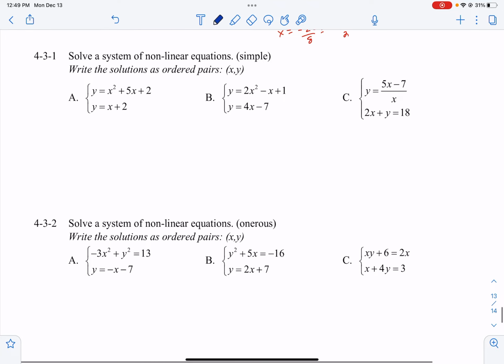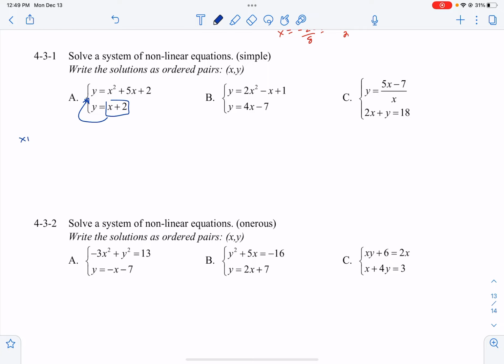All right, so 431. This is kind of the bulk of the test. This is the stuff that you need to understand the best. It's the new stuff this year, stuff that you haven't already reviewed and seen in the past. So we are going to follow the same pattern. I'm going to take this x plus 2, and plug it in for that y value.